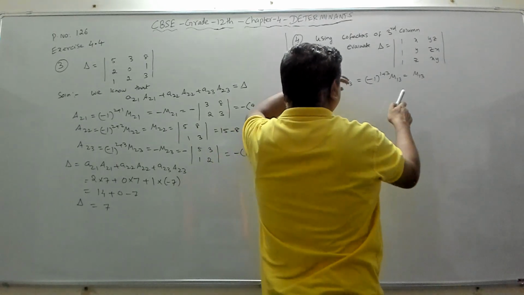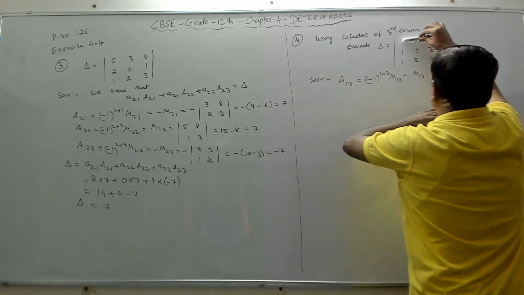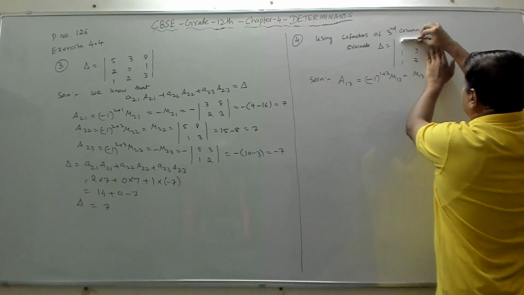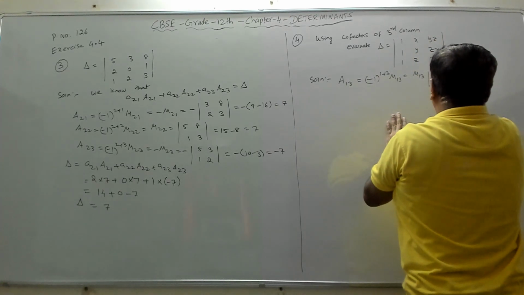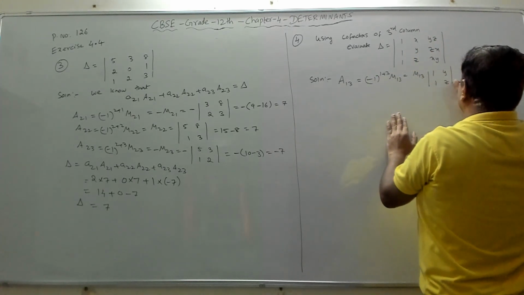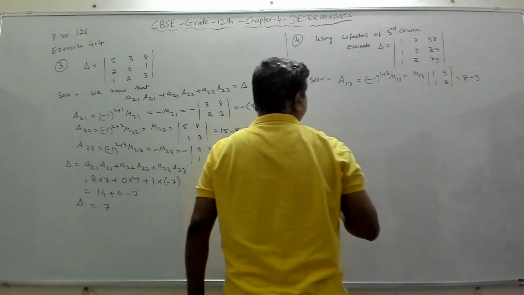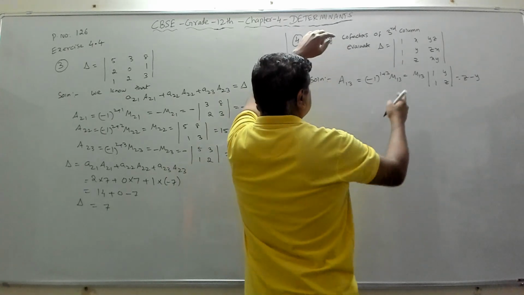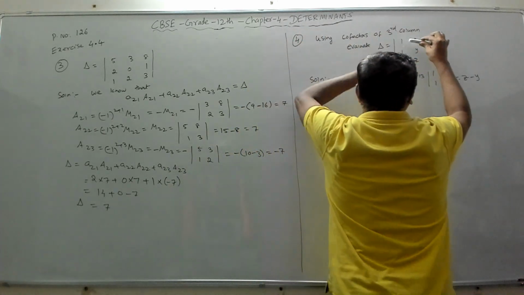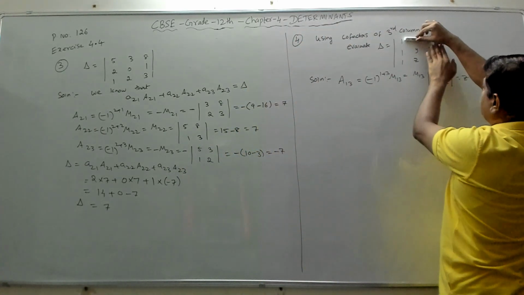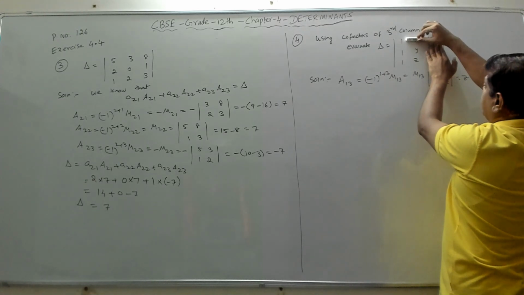If you take the cofactor of that, this row will be closed, this column will be closed. We'll get determinant 1 y, 1 z. We'll get 1 into z, z minus y. And that is your A13, the cofactor of this one. So we close this particular row and this particular column for A13.